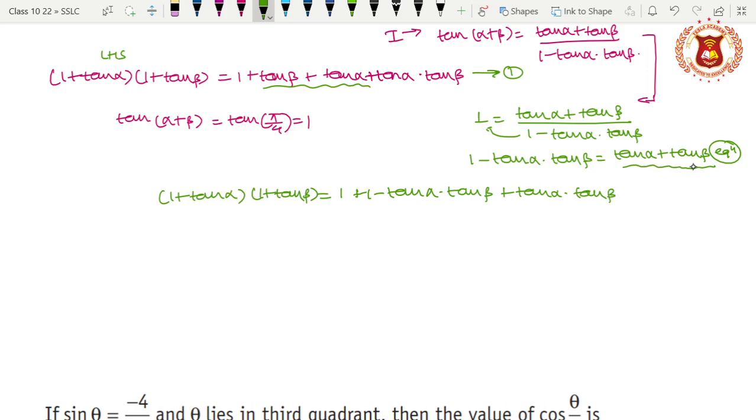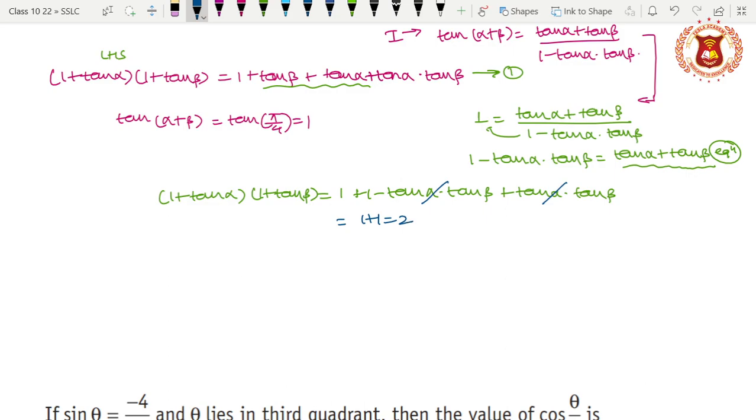Tan alpha plus tan beta I can write as 1 minus tan alpha into tan beta, right? Therefore, I replace tan beta plus tan alpha with 1 minus tan alpha into tan beta. Now we can strike out these two terms. What is left here? 1 plus 1, which is equal to 2.